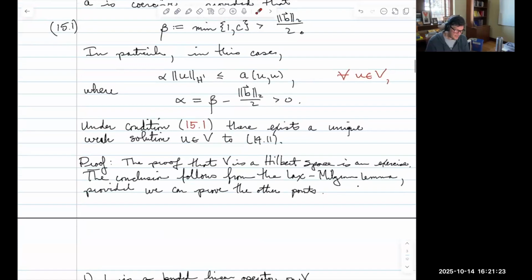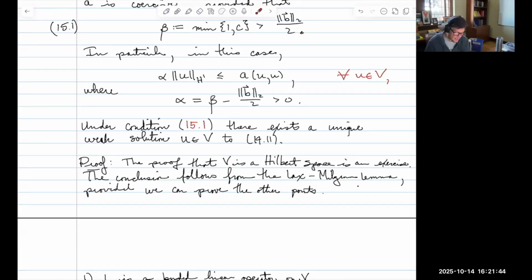The proof that V is a Hilbert space is left as an exercise. What you can show is that V is a topologically closed subspace of the Hilbert space. How do I show that it's a closed subspace?